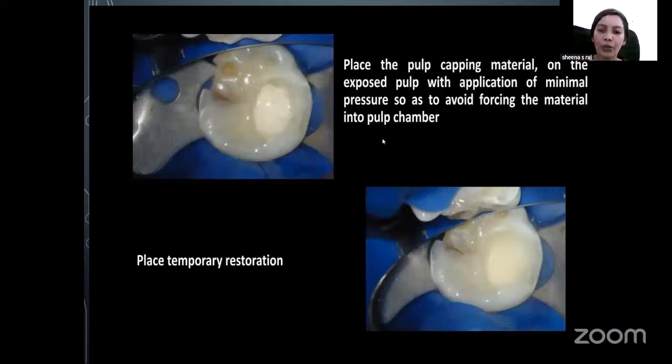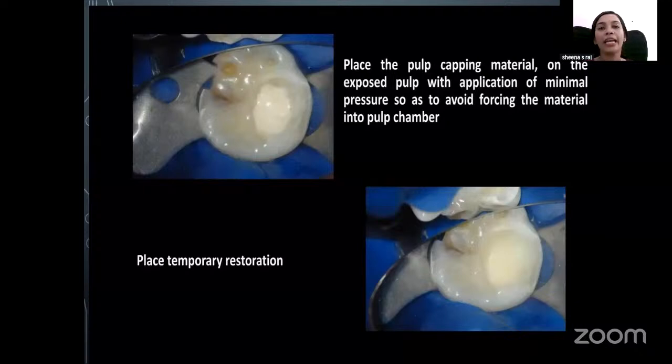You can see here, some pulp capping medicament is placed on the surface of the exposed pulp. And please note, this is so as to avoid forcing the material into the pulp chamber. Again, one of the questions may be, what are the steps in direct pulp capping?